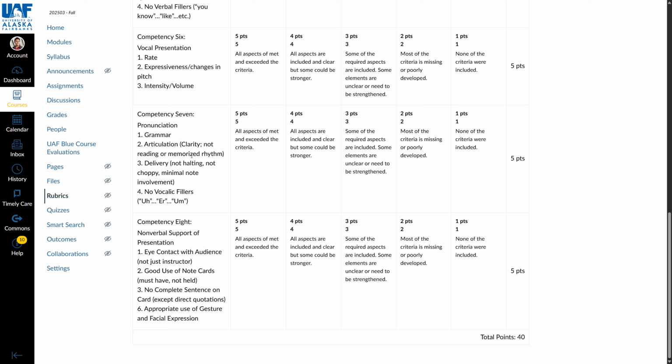And then similarly to avoiding reading off of a page, if you are actually reading off of a page and it becomes noticeable, that also shows here. If it looks like you're looking at your notes a lot and you're more involved in looking and interacting with your notes than you are looking and interacting with the audience, that's going to show up in the way your voice sounds. And then lastly, vocalic fillers.